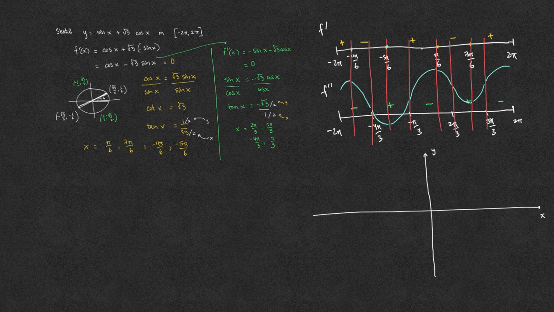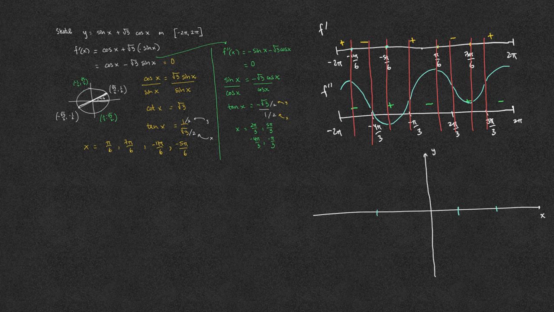To sketch the graph, we also see that since the second derivative, f double prime, has exactly the same terms, sine x and root 3 cosine of x, the only difference is that f double prime is the negative of the given function, so the zeros of f double prime are also the zeros of the given function, and these zeros are 2 pi over 3, 5 pi over 3, negative 4 pi over 3, and negative pi over 3.